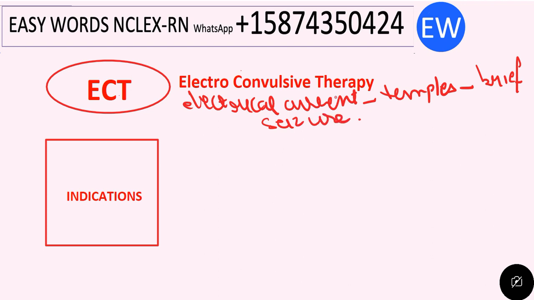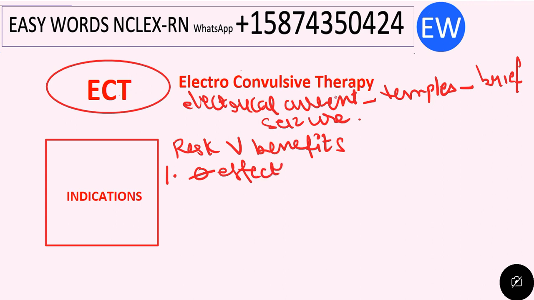Indications to use ECT. Prior to starting the ECT treatment, the physician evaluates the risk versus benefits. ECT is given in depression when the antidepressant treatments were not effective. It is also used when a client had a good response to the ECT treatment in the past.